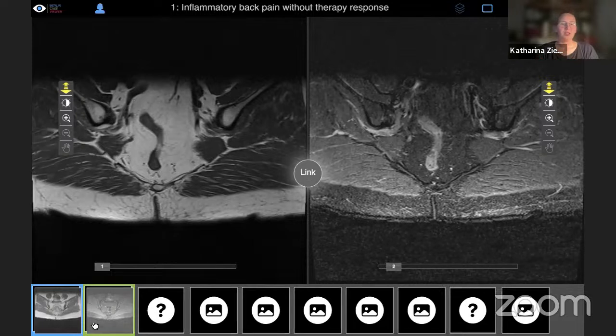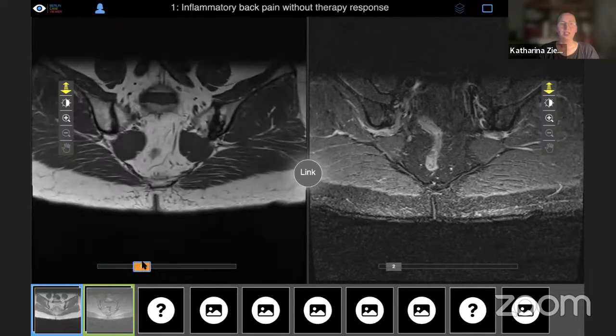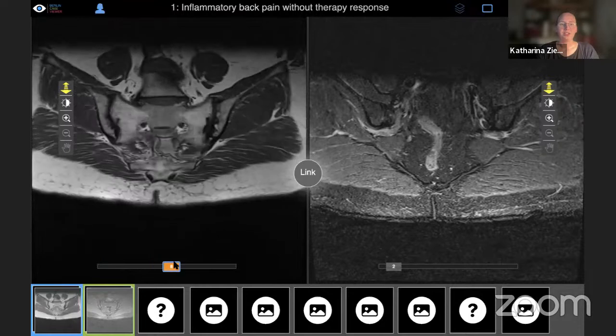So I would encourage you to open up these two sequences. We have a T1 weighted image here on the left side in this case, and a STIR or TIRM sequence, at least the fluid sensitive fat saturated sequence here on the right. And then you can basically just go through the scan and take a look at this joint.